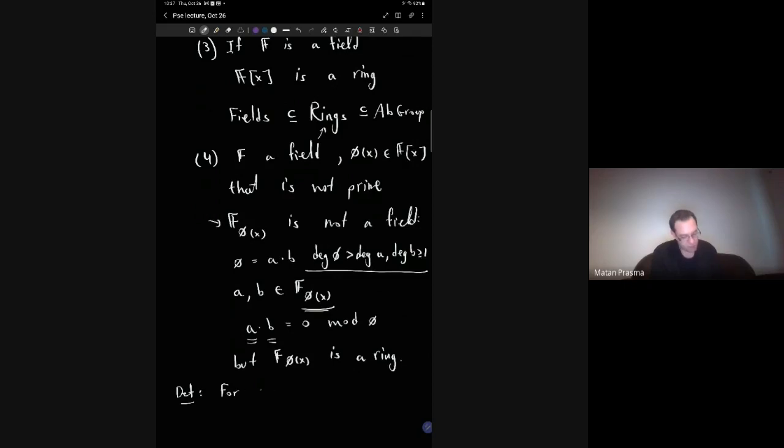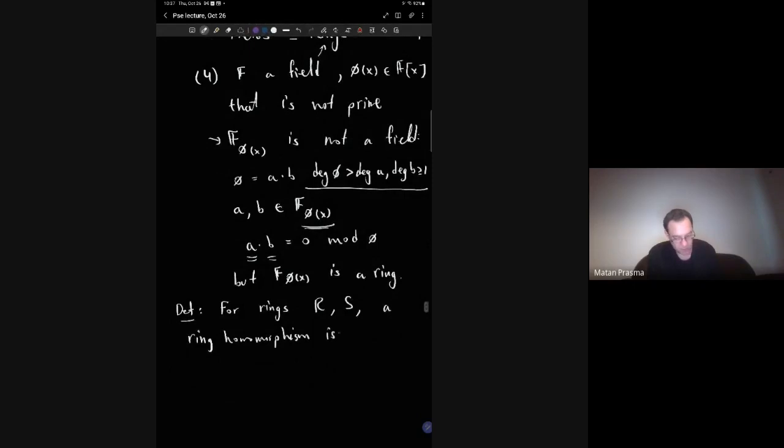For two rings, let's say R and S, a ring homomorphism is a function F from R to S such that, well, it has to preserve the specified elements, and it has to preserve addition and multiplication.